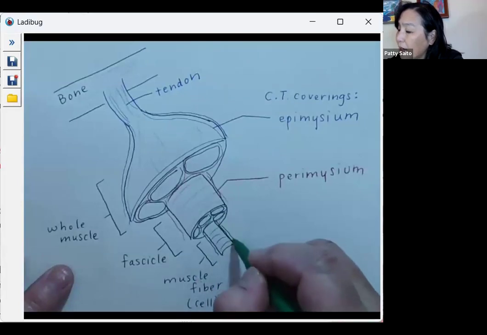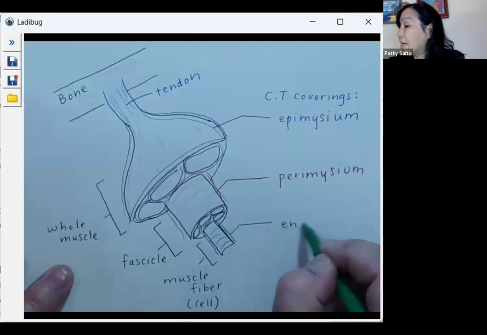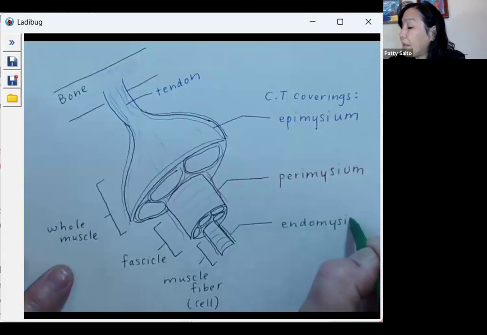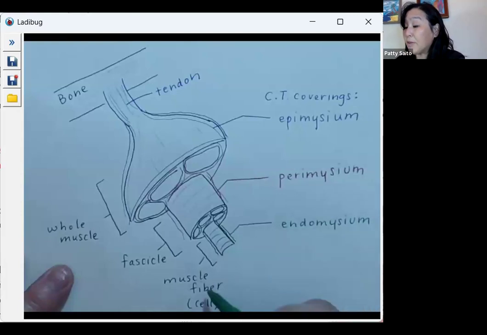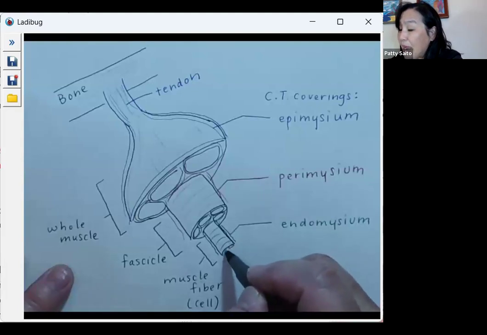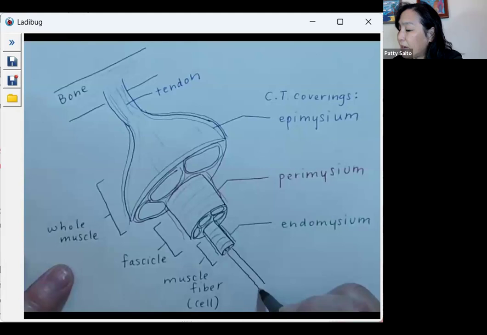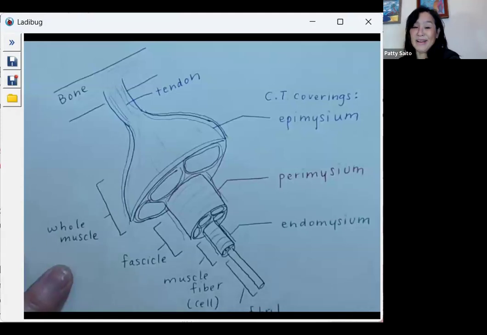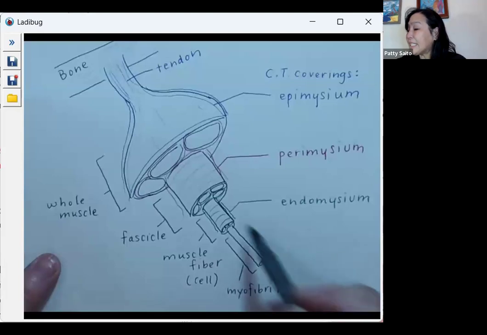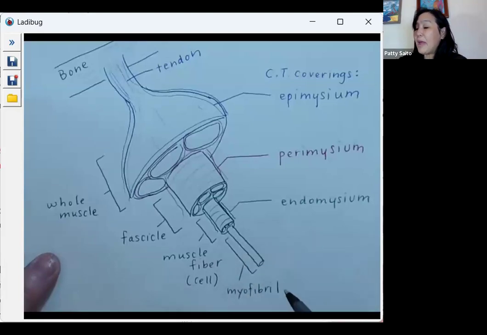The covering is called the endomysium. The endomysium surrounds the muscle fiber. But wait, there's more. Within each muscle fiber, we have small little structures. I'll pull one out here. This is called a myofibril. And we'll stop there. The myofibril doesn't have a connective tissue covering, and we will go ahead and draw the microscopic view of this.